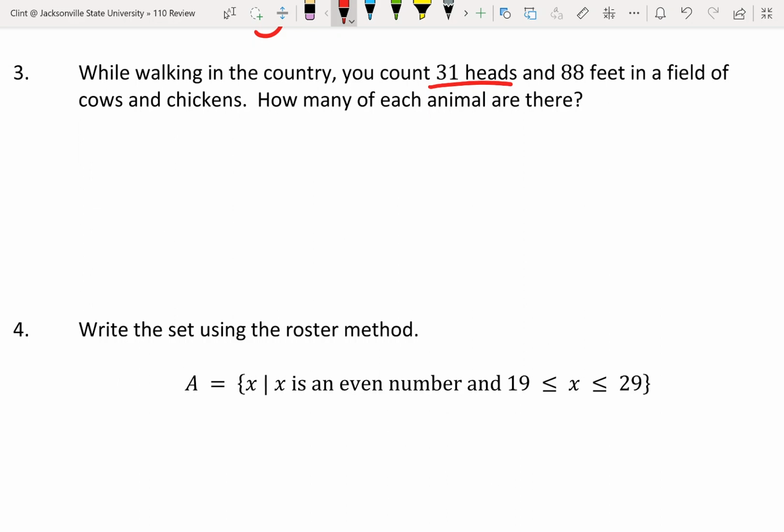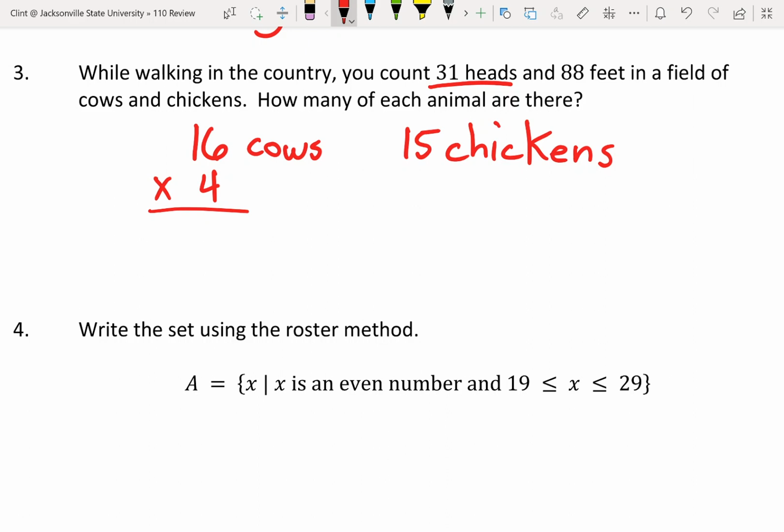If you want to take a little time and make an educated guess here, you can. I usually just shoot somewhere in the middle, so maybe 16 cows and 15 chickens, and see where that gets me. For cow feet, we multiply by 4, that's 64.